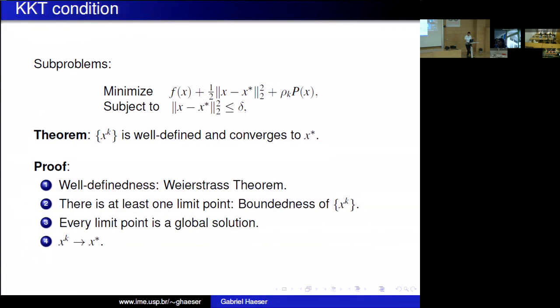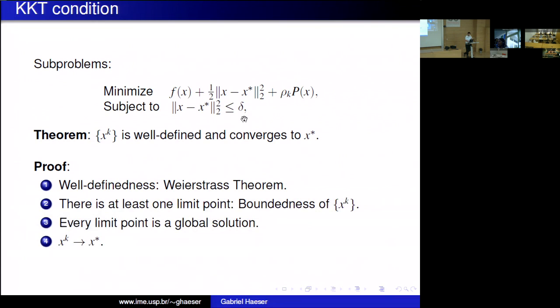So let's prove that xk is well defined, and in fact it converges to X star. We get that this sequence is well defined because this constraint set is a non-empty compact set. X star belongs to this set, and it is compact.